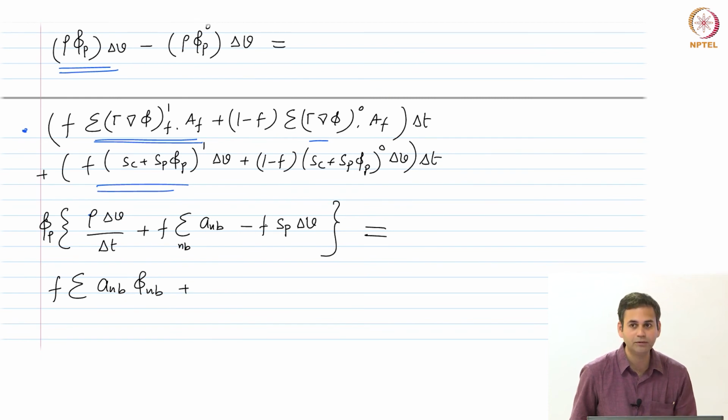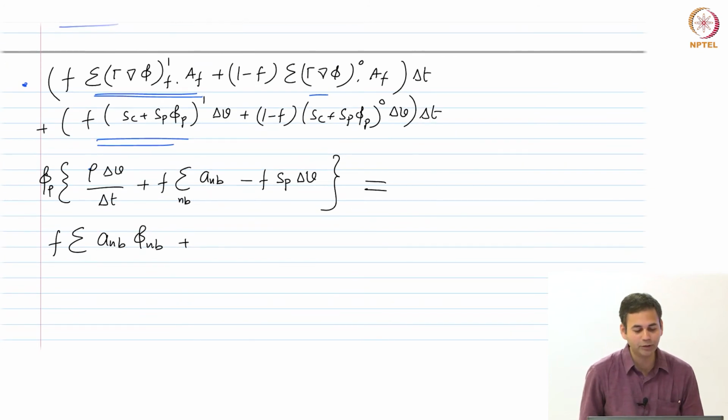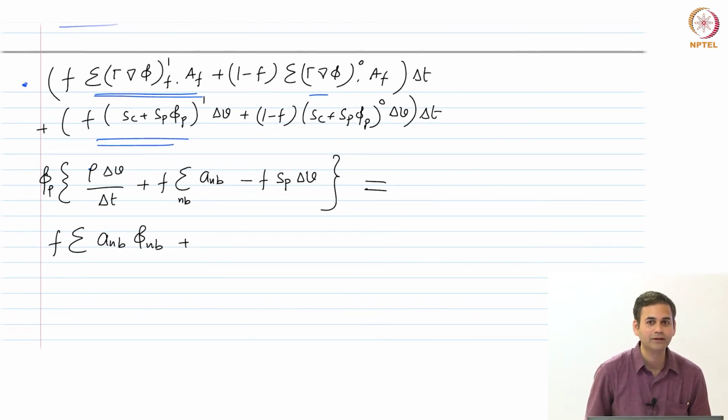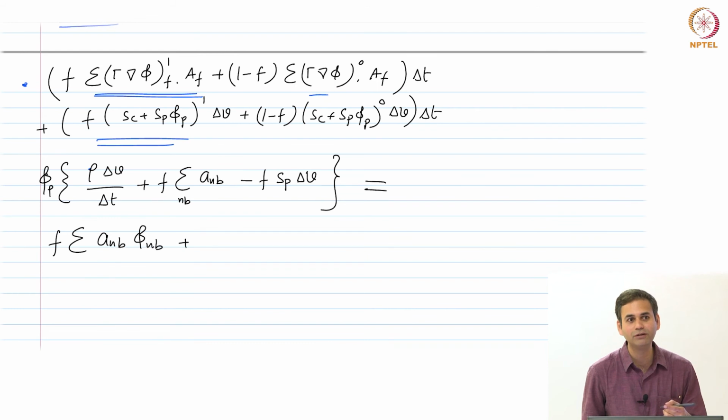From the second term, how many terms will you have from the second term? Second term will have A east, phi west, all these things, and then will it also have phi p 0? It will have all those things, we cannot send it anywhere, right, because those are all unknowns or knowns? Known, so they should stay on the right hand side, right.